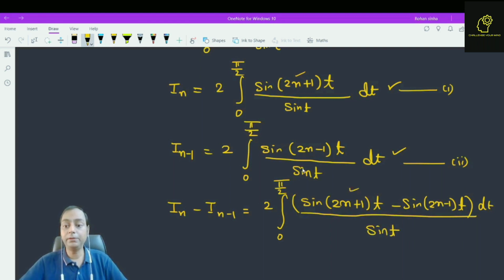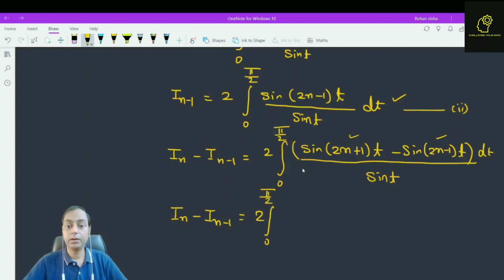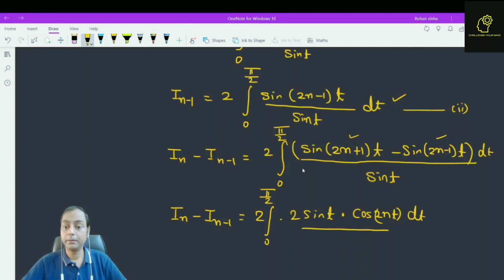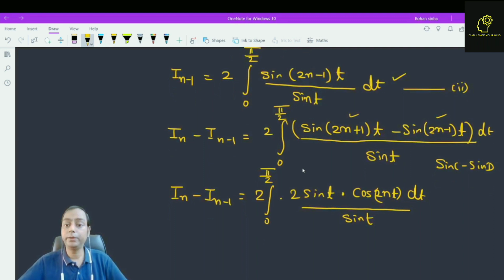Now this is in the form of sin C minus sin D, which equals 2 sin((C - D)/2) cos((C + D)/2). Putting in the formula, this becomes 2 sin t cos 2n t, dt by sin t.